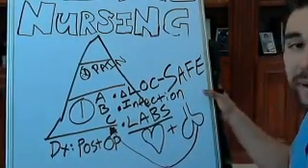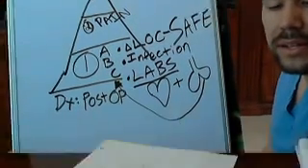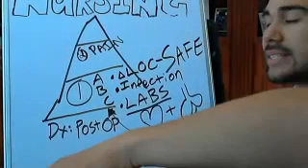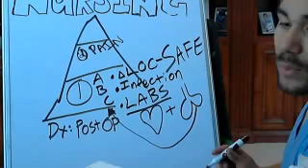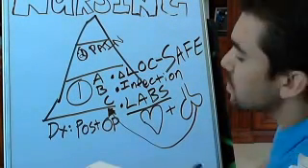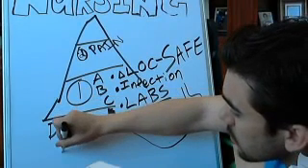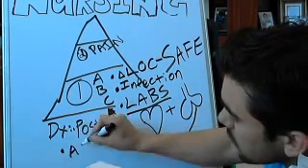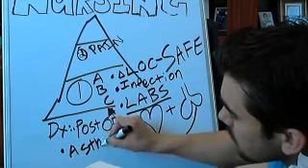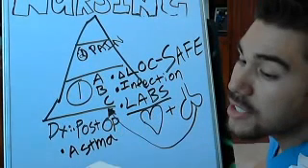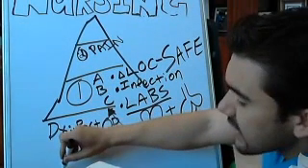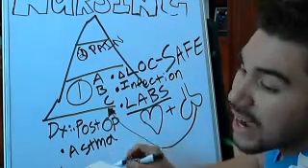Some other types of diagnoses here would be asthma exacerbation, and neutropenic precautions.